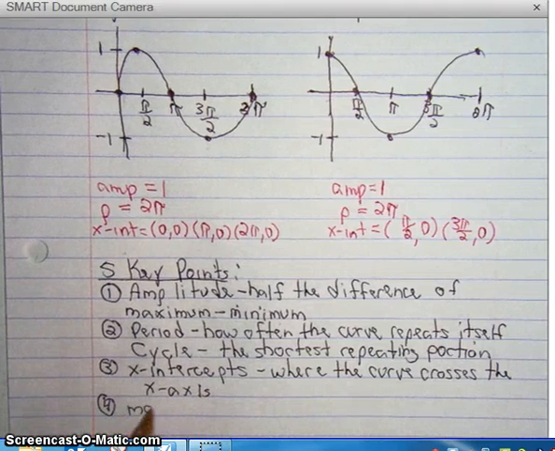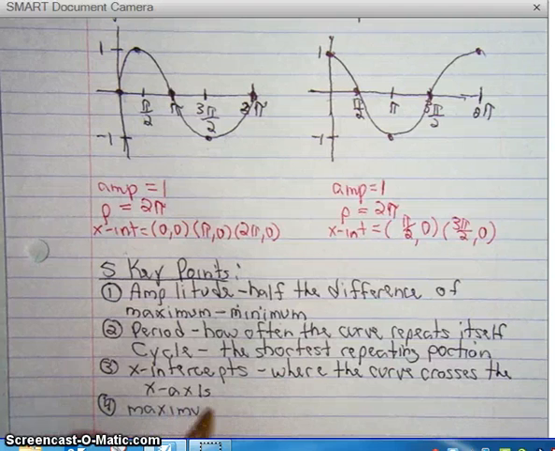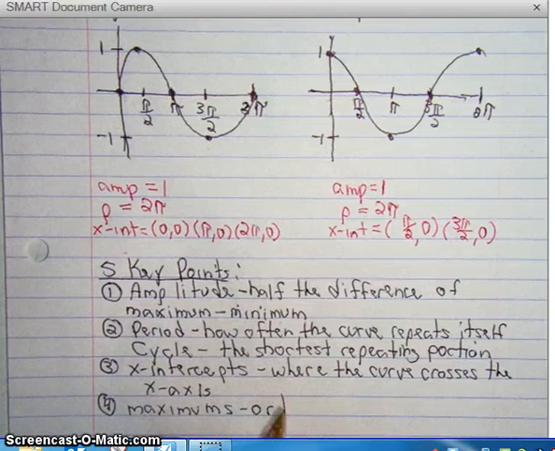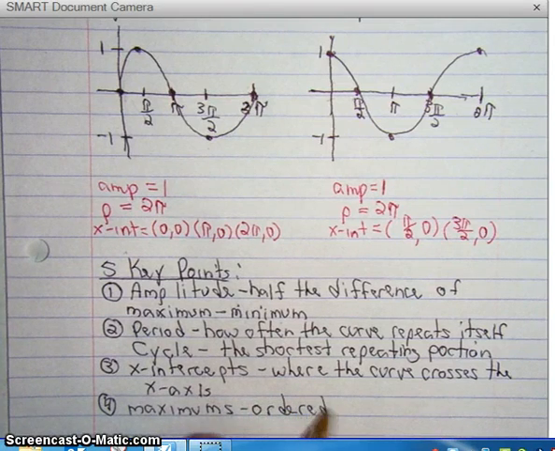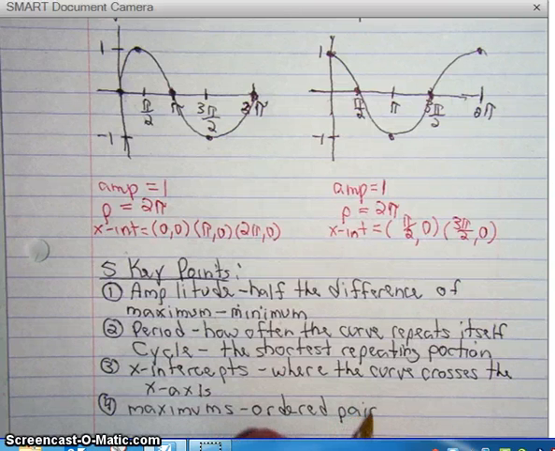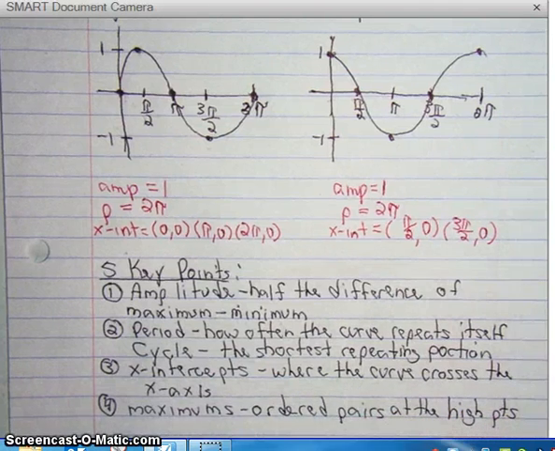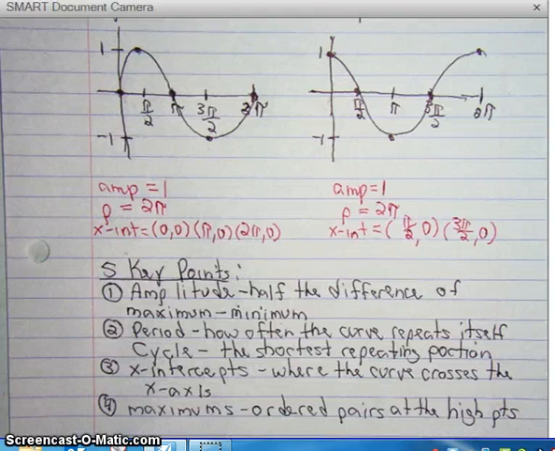Okay. Number 4. Maximums. Ordered pairs at the high points.